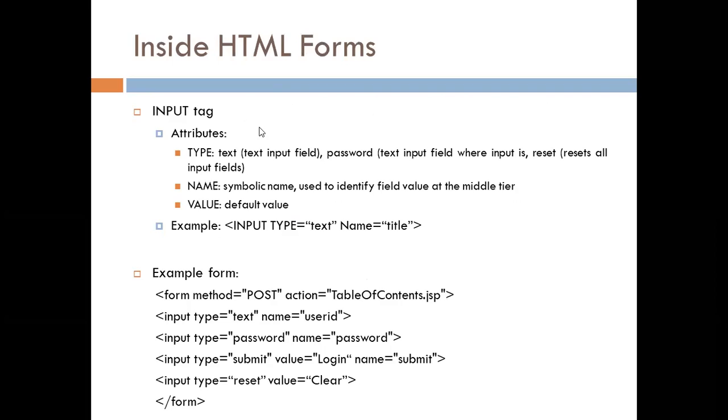Inside the HTML form, we will be using input tags. The input tag has an attribute type. So input type equal to text is a text input. Or we can specify password, that is input type equal to password. Name is followed by its name.